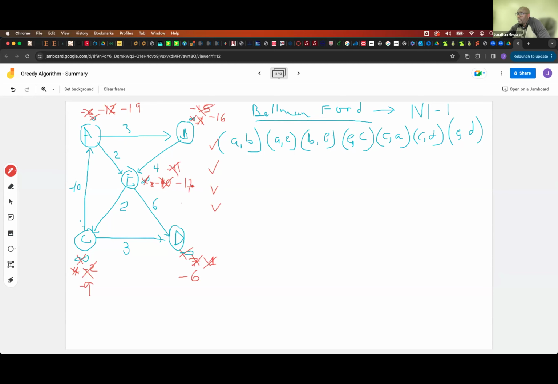And then B to E is minus 16 minus 4, which is minus 12. So this will stay as minus 17. And then E to C is minus 17 minus 2. So this becomes minus 15. And this becomes minus 25.